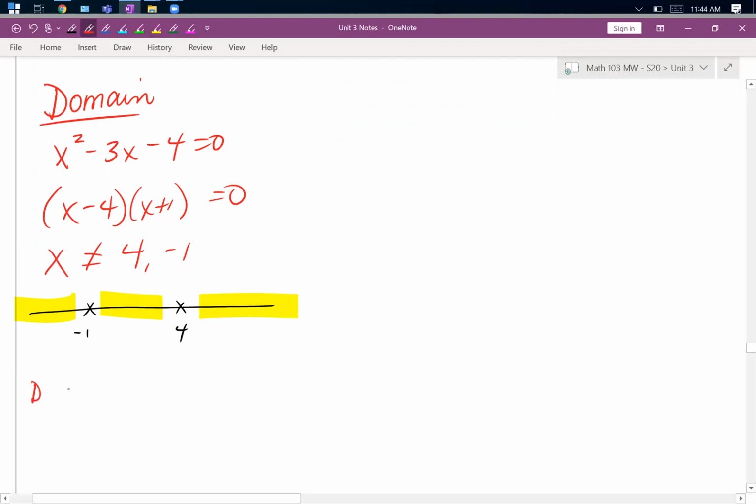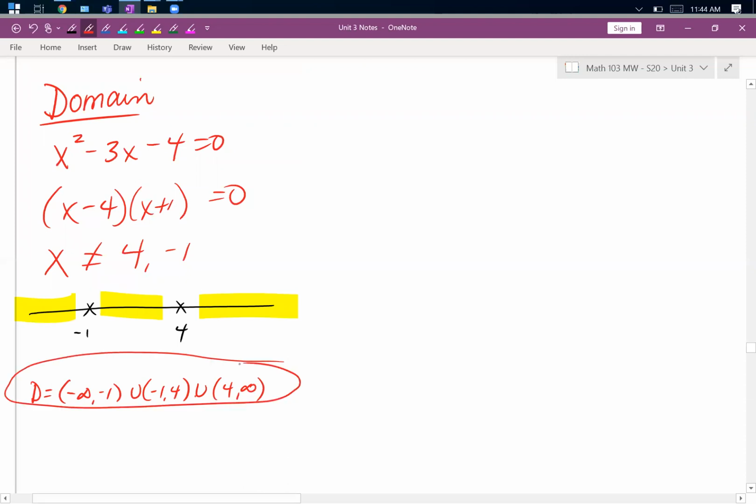Our domain is equal to negative infinity to negative 1, union negative 1 to 4, union 4 to infinity. Questions on identifying the domain?